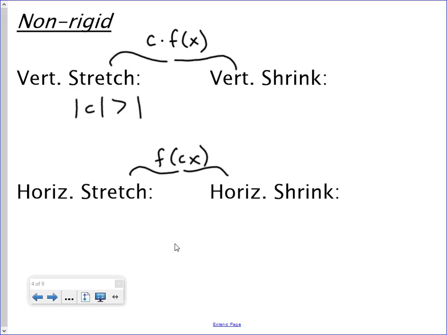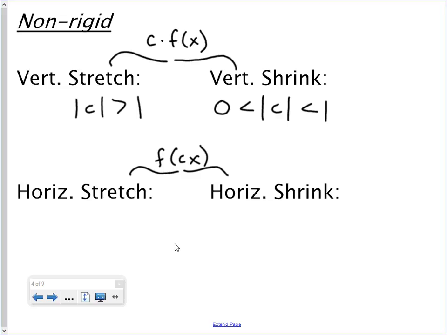And so when we want to shrink it, the absolute value of c is somewhere in between 0 and 1, a fraction, a decimal, less than 1. Again, I'm not really including any negative numbers with stretch or shrink because the negative would actually be a reflection. And then horizontal, they switch.